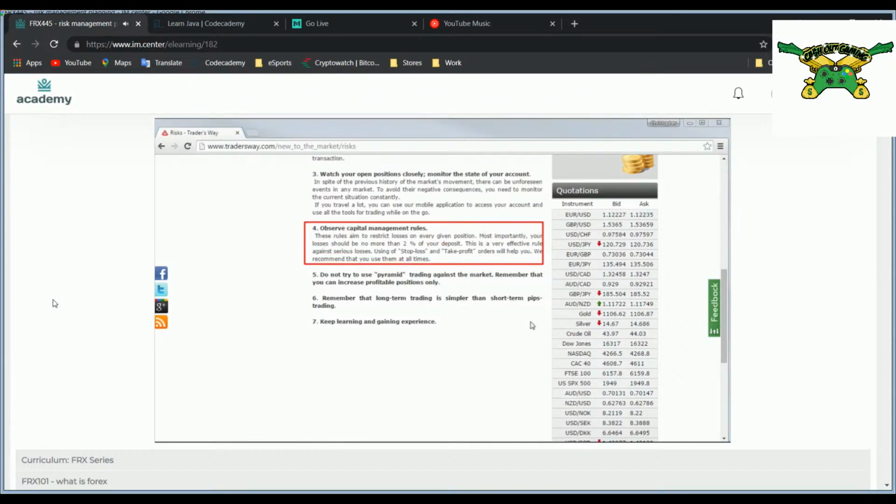So let's think about this. These rules aim to restrict losses on any given position. Most importantly, your losses should be no more than 2% of your deposit. So if you have $1,000, your risk should be no more than 20 bucks.